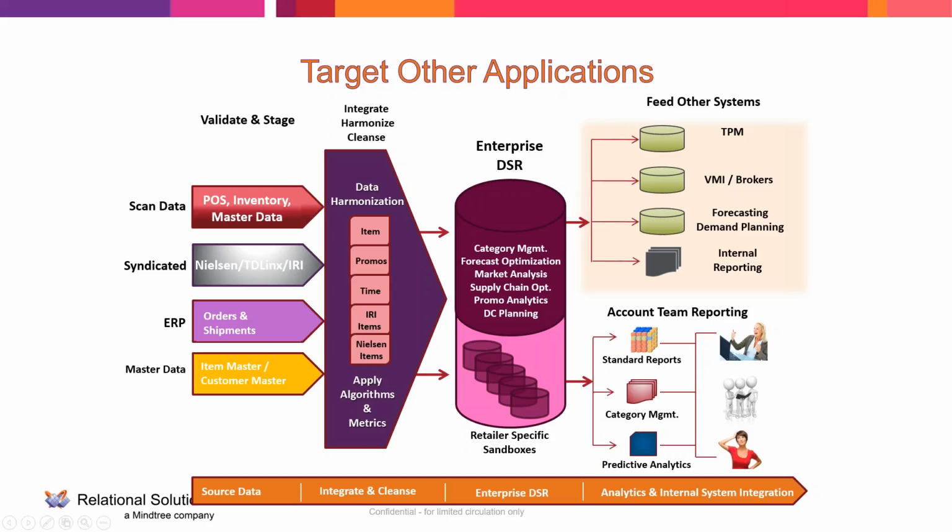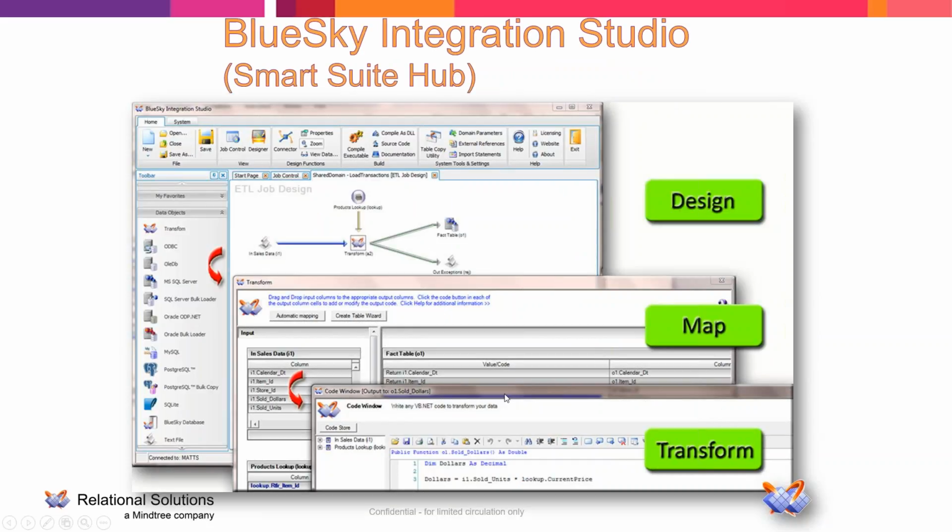On top of that, we're also able to feed that information to other applications that could use the data. Very commonly, TPM or TPO solutions, VMI applications, forecasting and planning. Any other system can use clean point of sale data, sourcing it from here, where we now have that data clean and valid.